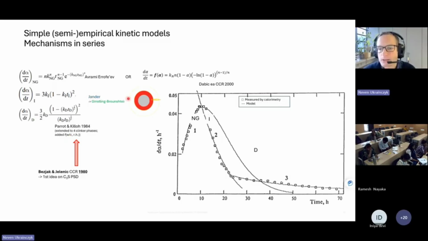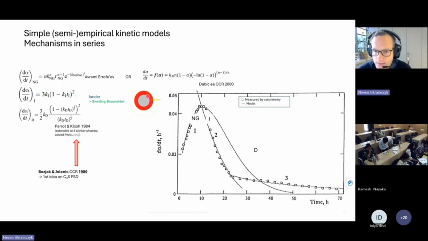But the Jander diffusion actually doesn't consider the shell, it only considers the shrinking core. And the right model actually would be the Ginstling-Brounshtein model. This is N at the end, Brounshtein. And he also developed further this Jander model so that it considers also the growing shell.